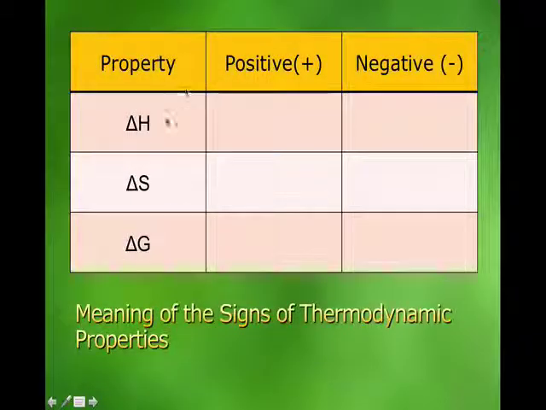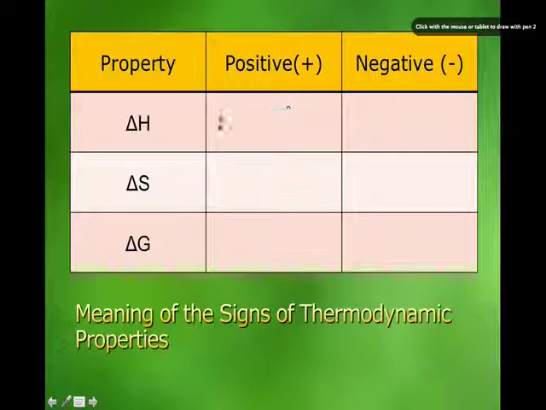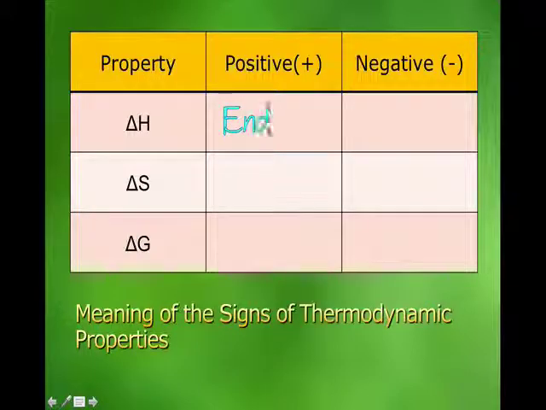Really quickly to summarize then, what does each of these things mean in terms of when it's positive or when it's negative? Because this is a really important concept for you guys to have, especially on the AP test. They ask questions about if delta H is positive, what does that mean? And you have to be able to tell them. So delta H being enthalpy, if it's positive, it means you have an endothermic reaction.